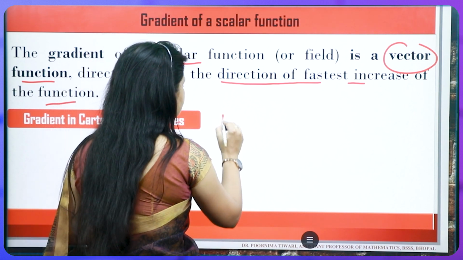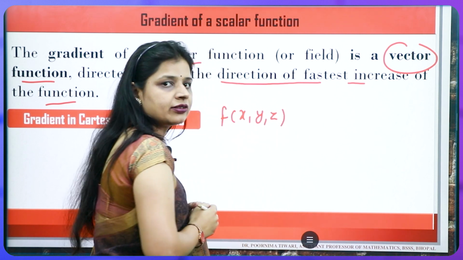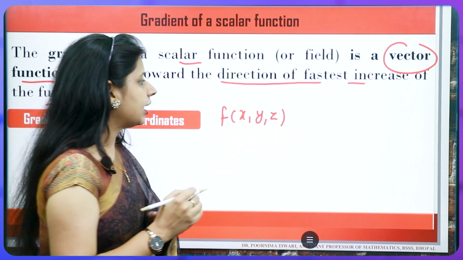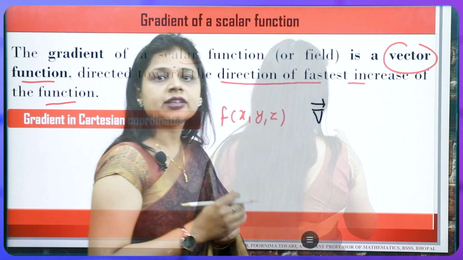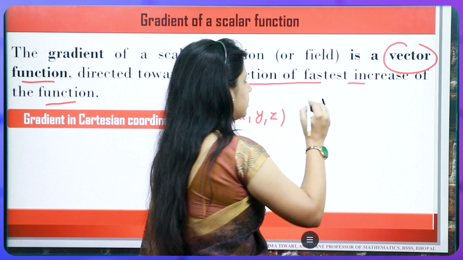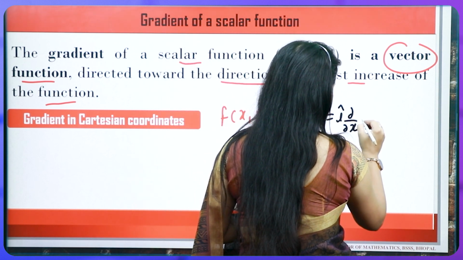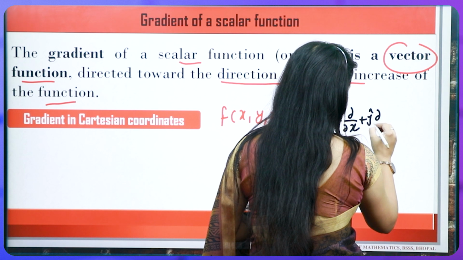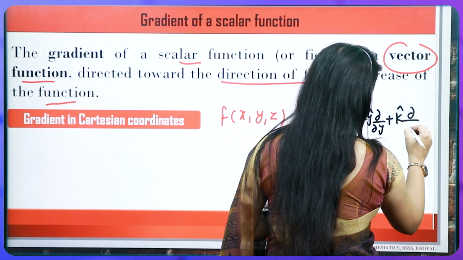If f of x, y, z be the given Cartesian function and del is a vector operator. This vector operator del is also called nabla and its value is i cap del by del x plus j cap del by del y plus k cap del by del z.